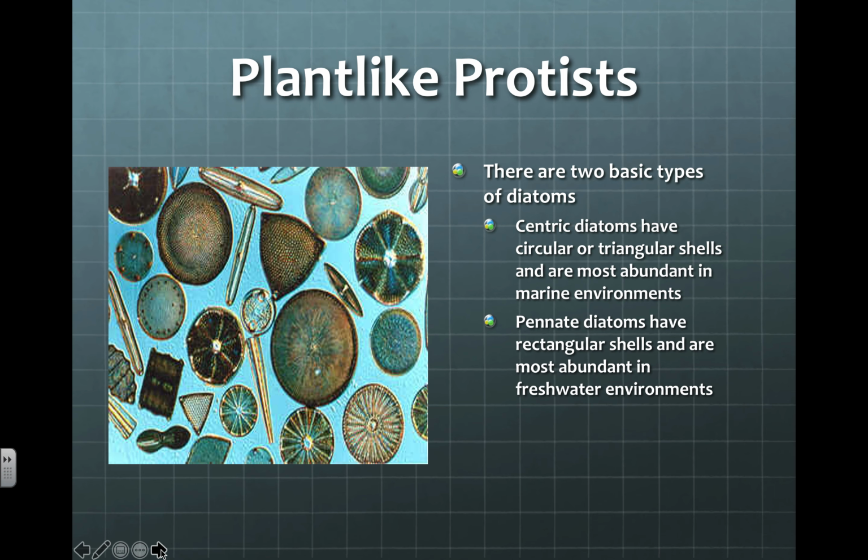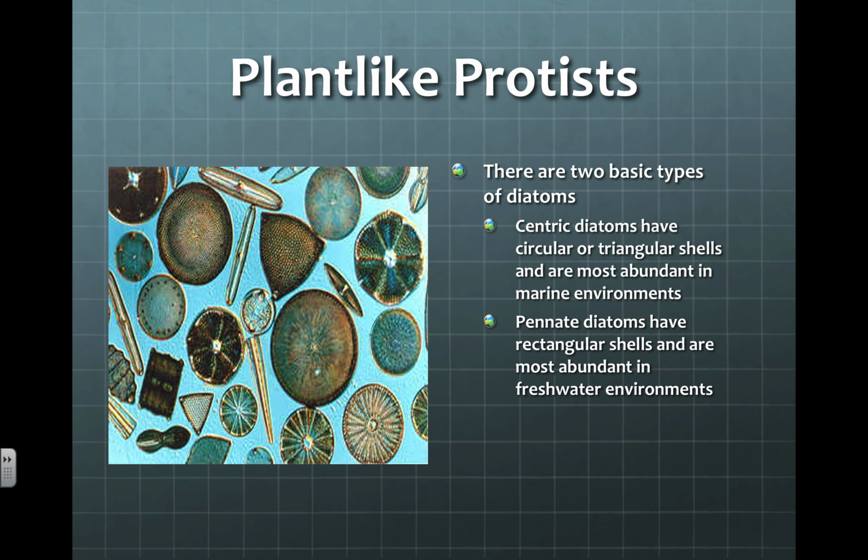So there are two basic types. If you look to the left, you have your centric diatoms. These are the round ones. That's what centric means. They're circular, or actually triangular, and when you look at their shell, these are the most abundant in marine environments.